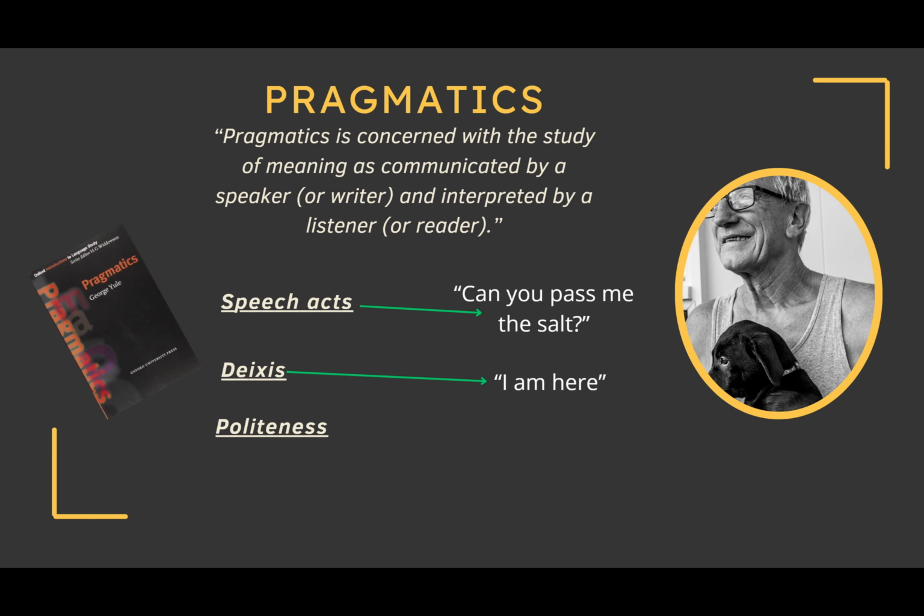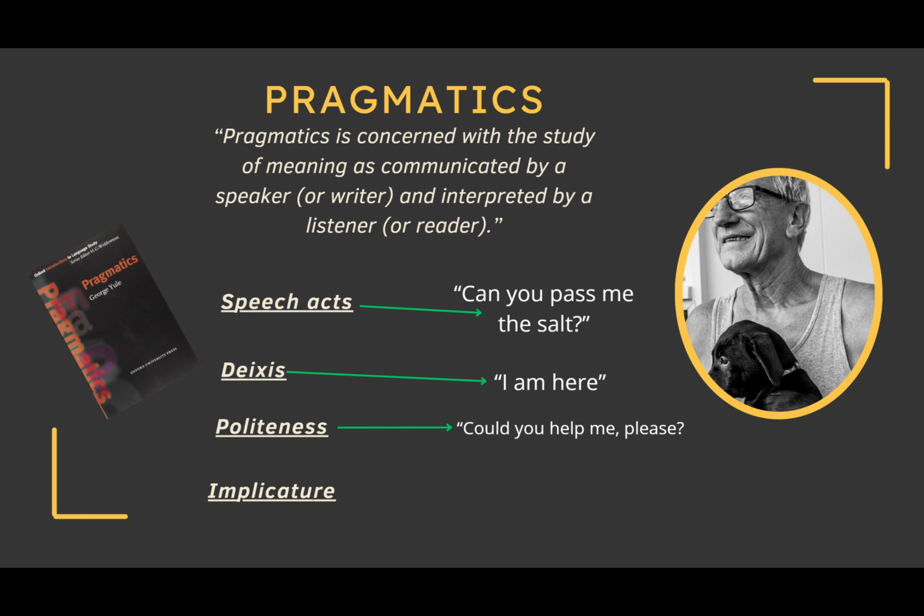Another concept is politeness. Now, this is about how we show respect, how we show kindness, or how formal we are when we speak. So, for example, in this sentence, "Could you help me, please?" Now, this is clearly a very polite question, right?